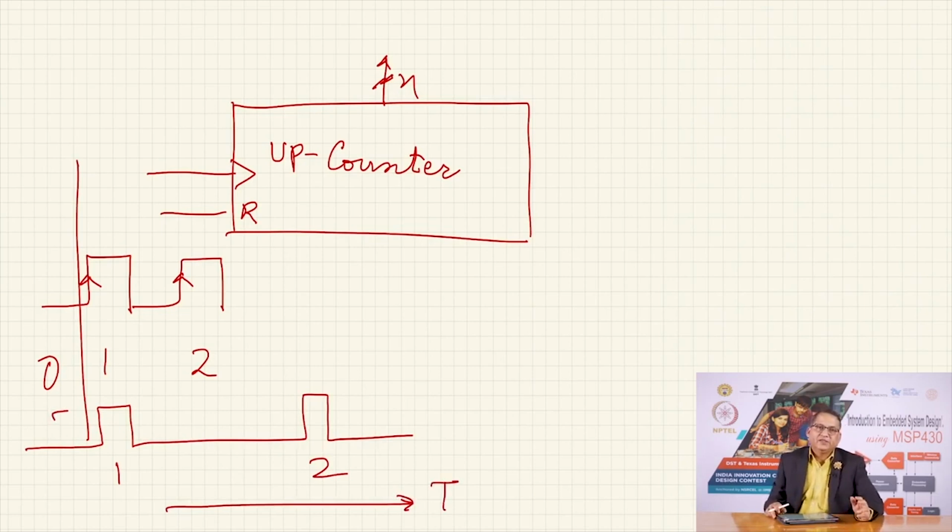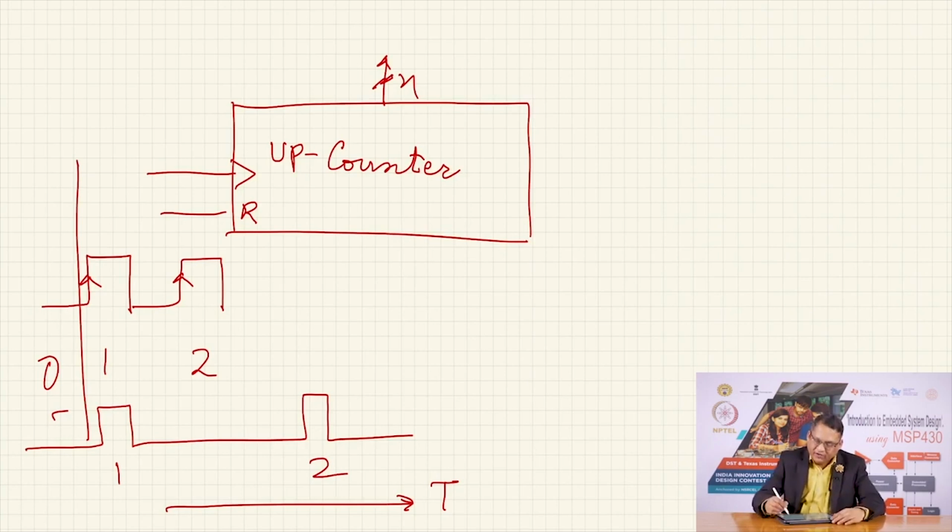If we do not know the frequency of the signal connected to the clock pin of the counter, then we cannot say how much time has elapsed. All we can say is how many events have come, how many clock signals have come, and in such a case you are operating this building block as a counter.